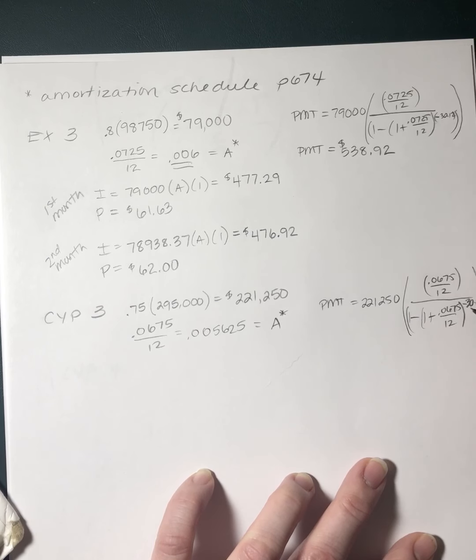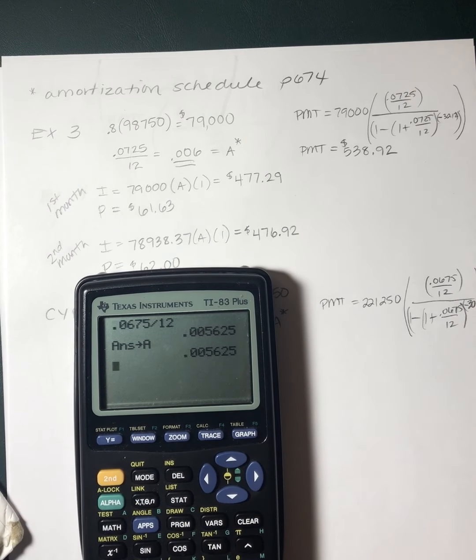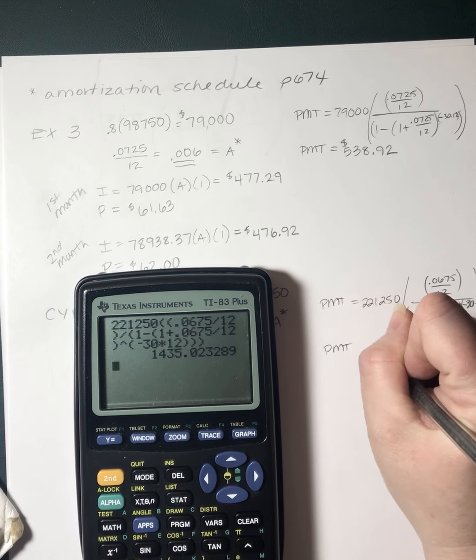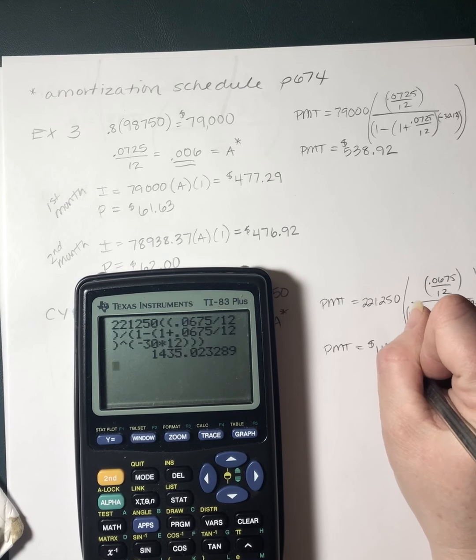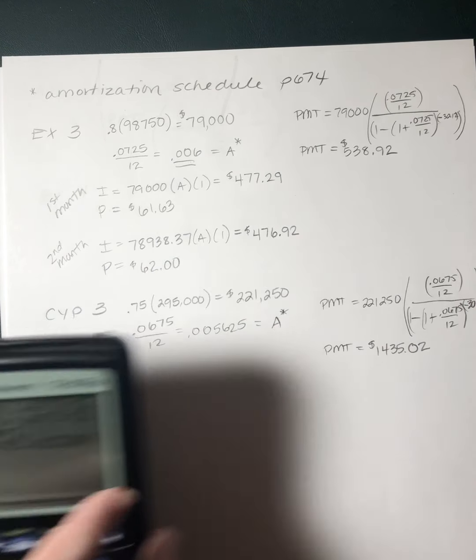Parentheses, parentheses, and parentheses. So your payment is $1,435.02. All right.